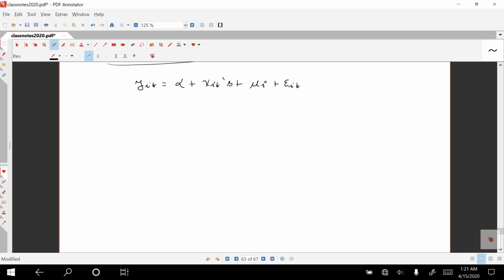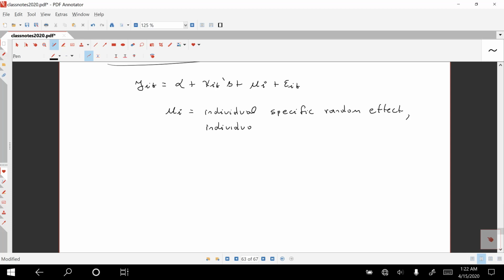What's new here is that this mu i is an individual specific random effect, or another way to think about it, an individual specific error that applies to each individual in particular.